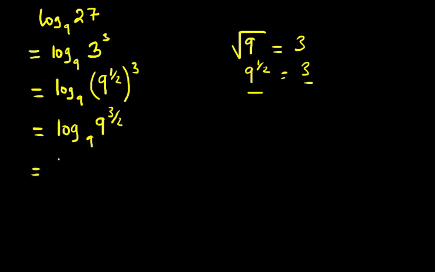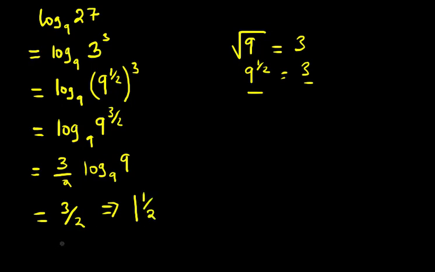Then the power can drop, so we'll have 3 over 2 log 9 9. Since this gives us 1, our answer is equal to 3 over 2, or if we write it as a mixed fraction, 1 and 1 over 2. So that's our answer for question 4.